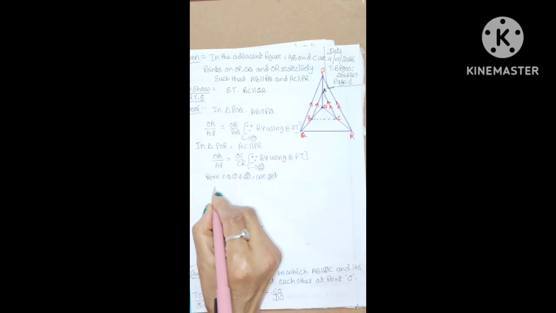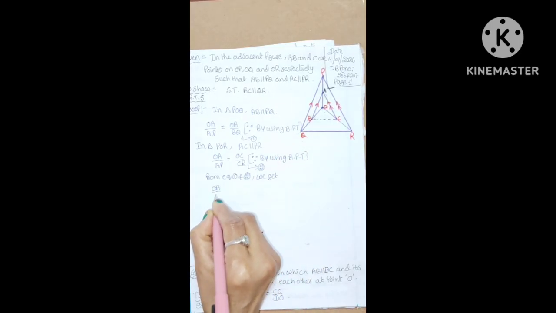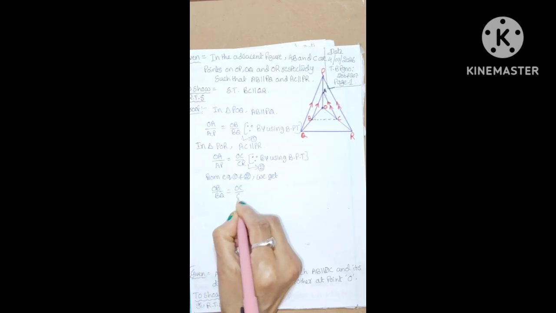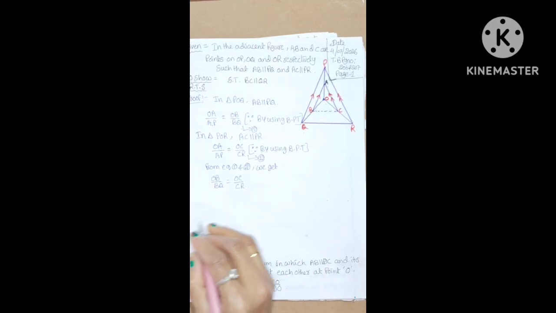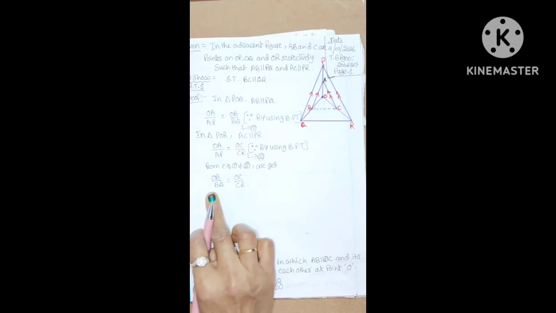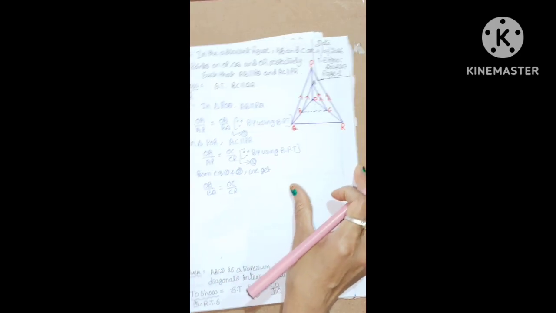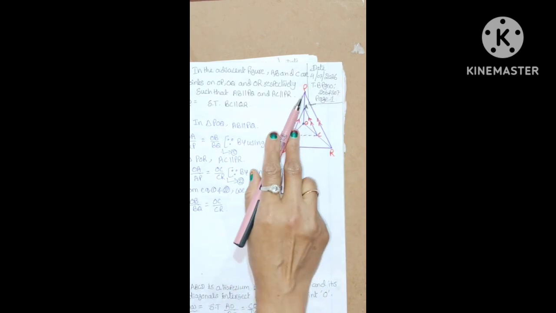The RHS: OB by BQ equals OC by CR. Are you clear? These two ratios are equal. Proved.